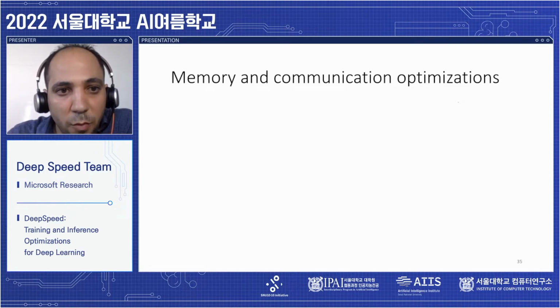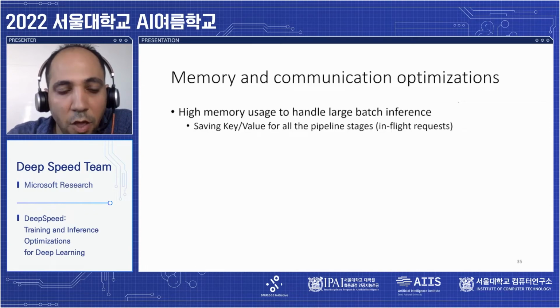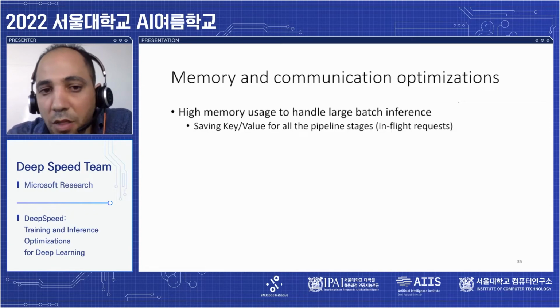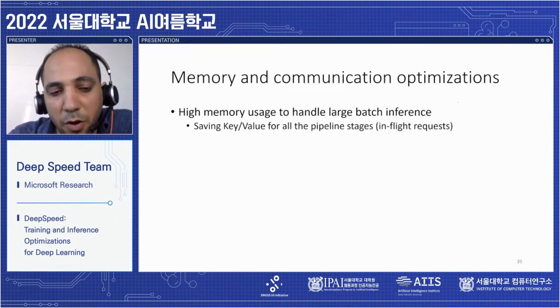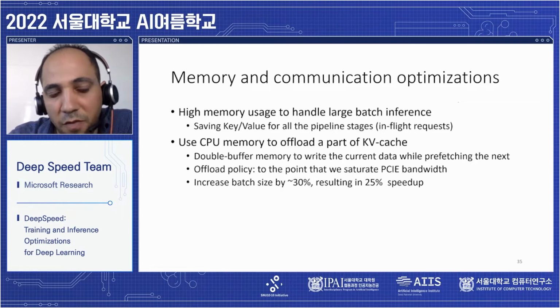So regarding the memory and communication optimization, the issue that we see is that by running large batch inference, we need high memory usage, and this is because of saving the key and value during the inference for all the inflight requests. To handle that issue, we use the CPU memory to offload a part of the KV cache.